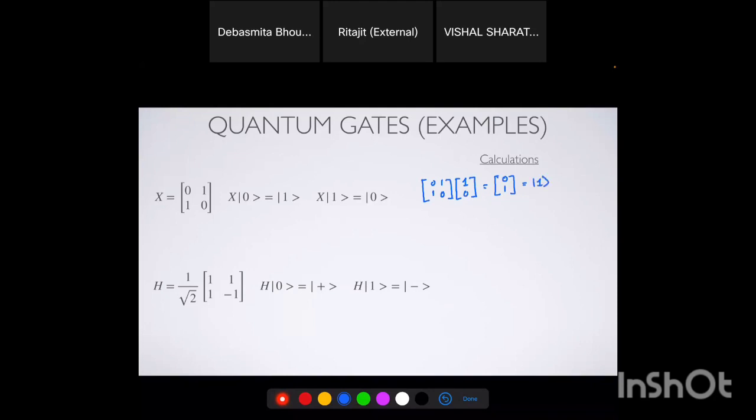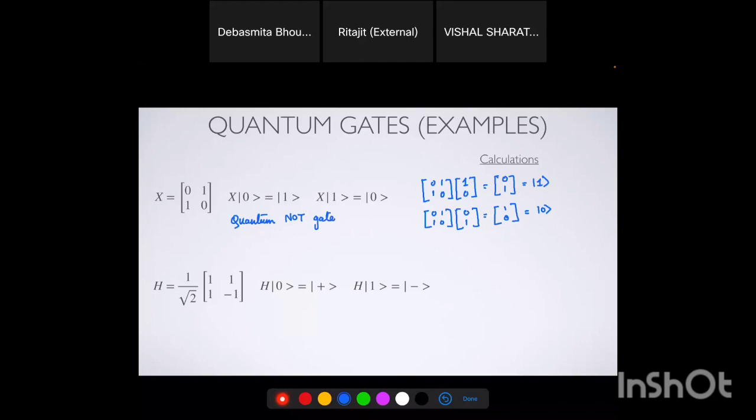You can do this calculation: 0 times 1 is 0, 1 times 0 is 0, 1 times 1 is 1, 0 times 0 is 0. So it's 0 1. Similarly, if you do this on 1, which was the vector 0 1, it becomes 0. So this is like a quantum analog of the NOT gate. You can think of it as a quantum NOT gate.